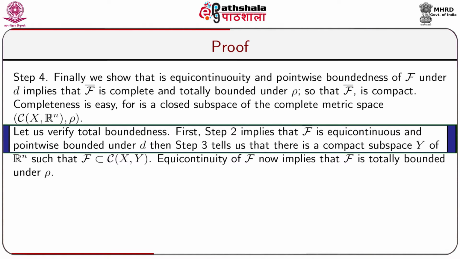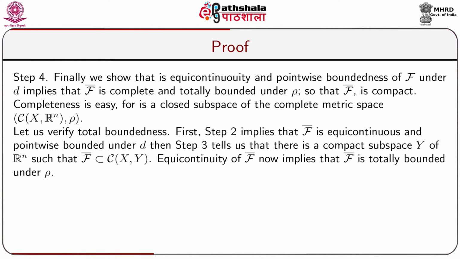First, step 2 implies that G is equicontinuous and pointwise bounded under D. Then, applying step 3, we can say that there is a compact subspace Y of R^n such that G is contained in C(X, Y). Equicontinuity of G now implies that G is totally bounded under rho, as desired. This completes the proof of the classical version of Ascoli's theorem.